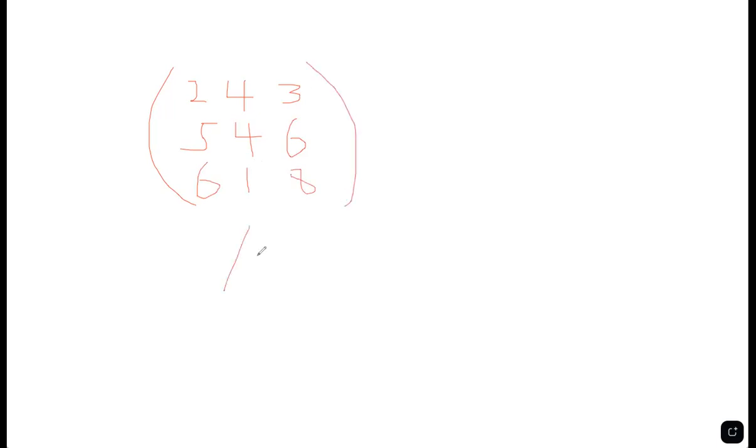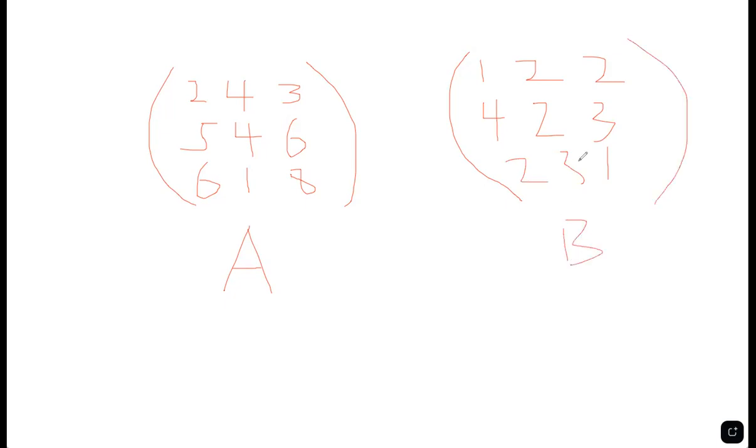This is matrix A. Then we have another one like this: 1, 2, 3, 4, 2, 3, 2, 3. And this is matrix B.